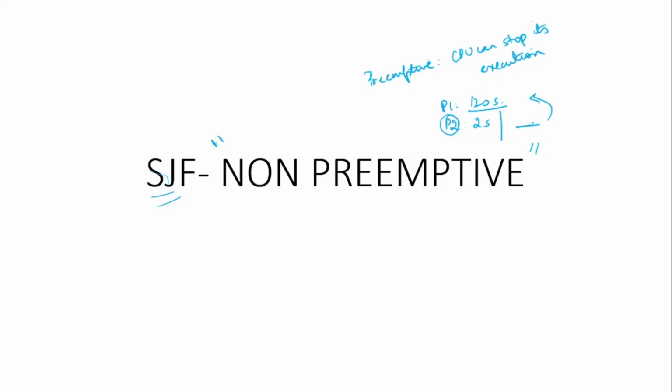In that case, the CPU will halt the execution of this process and immediately start executing P2. Once the execution of P2 is completed, it can switch back and resume the execution of P1.